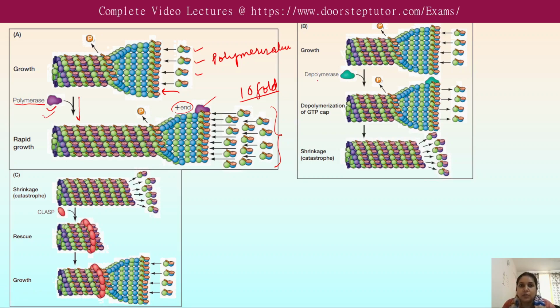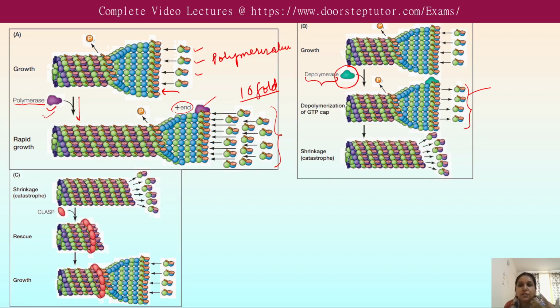Now the second class of protein is the depolymerase. If the depolymerase attaches to the microtubule, the GTP cap is removed, so the depolymerization of this cap takes place.